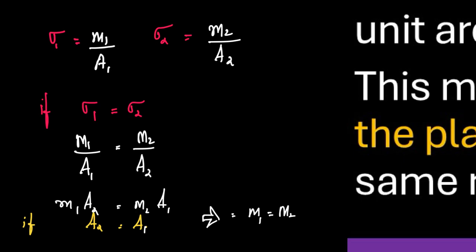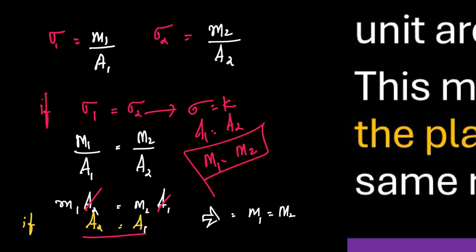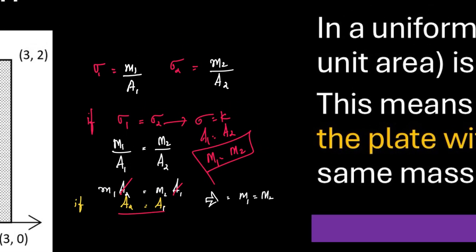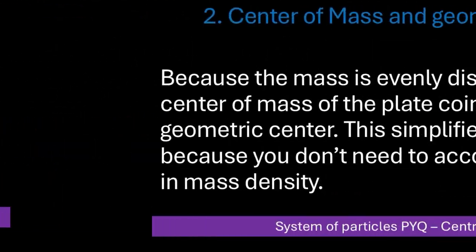And in this, if a2 is equal to a1, then it should imply that m1 is equal to m2. Therefore, when sigma is a constant and when areas under consideration are equal, we can say that the corresponding masses should also be equal. M1 is equal to M2. Okay, right.